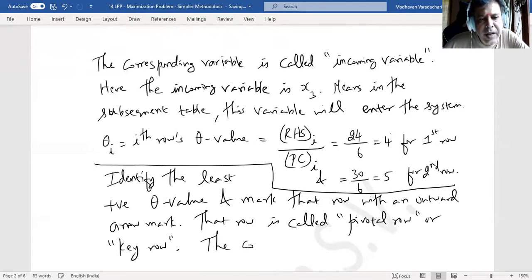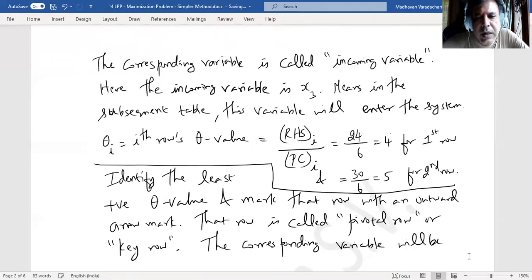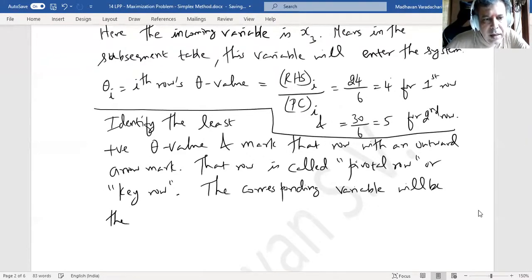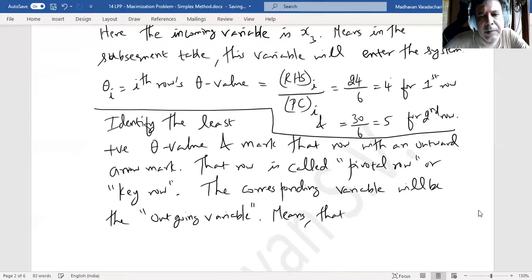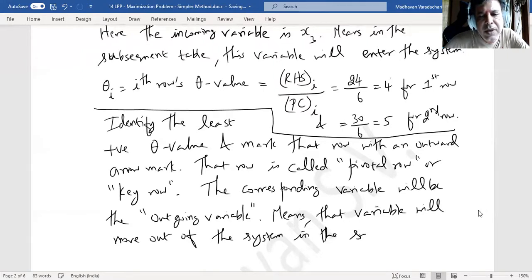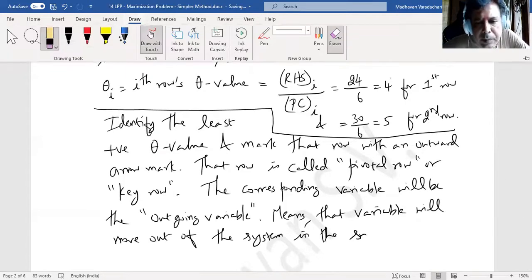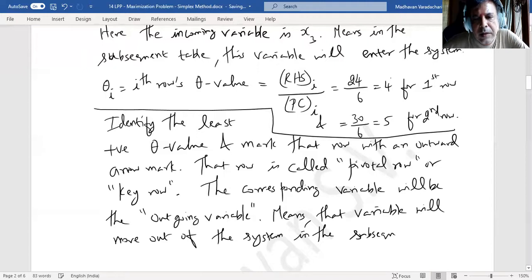The corresponding variable will be the outgoing variable, means that variable will move out of the system in the subsequent table.